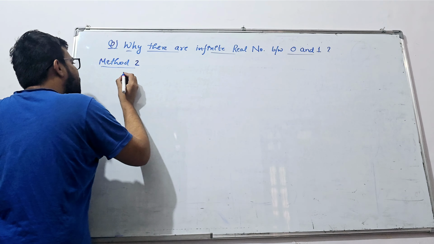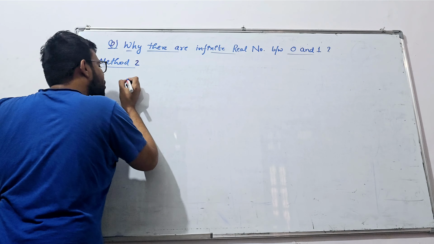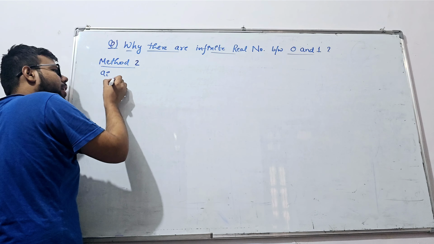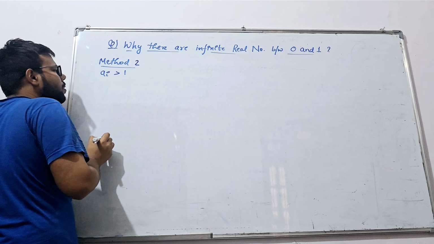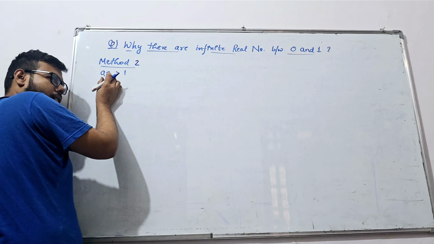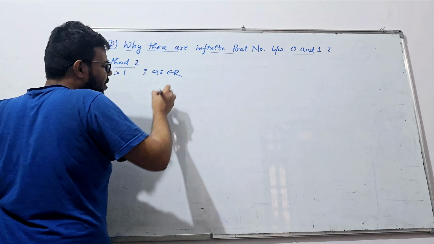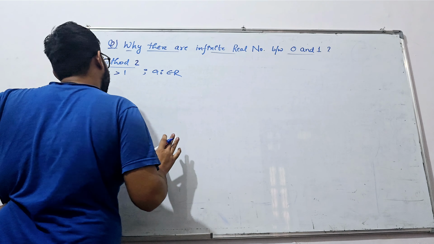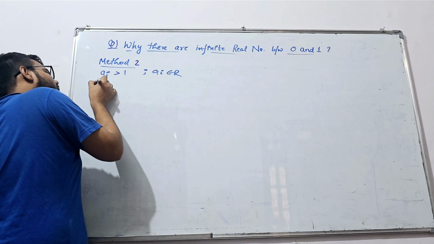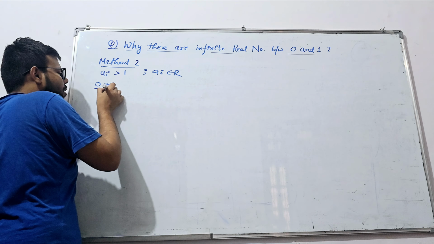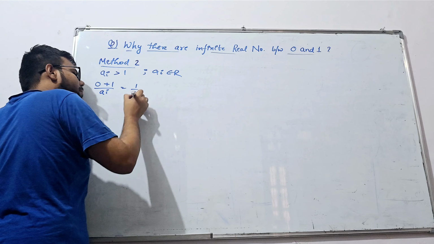Now in the second method, we are going to see something in a general way. So suppose we define a_i, which is greater than 1. It is just a number, and a_i belongs to the real numbers, right? Okay, fine. So now what you are going to do is this: 0 plus 1 by a_i, it is 1 upon a_i, right?